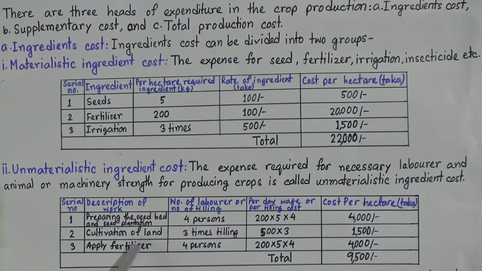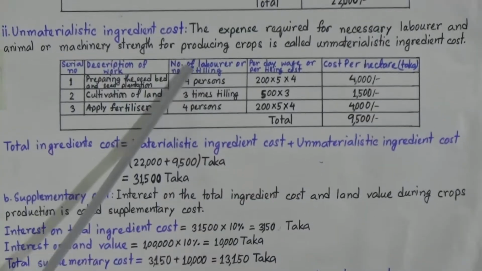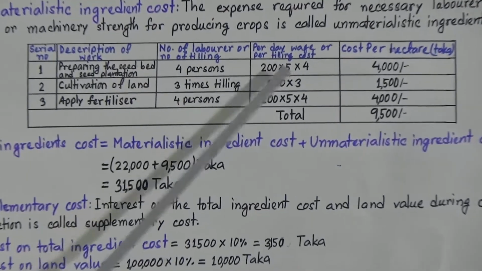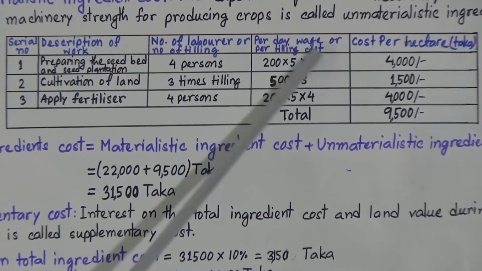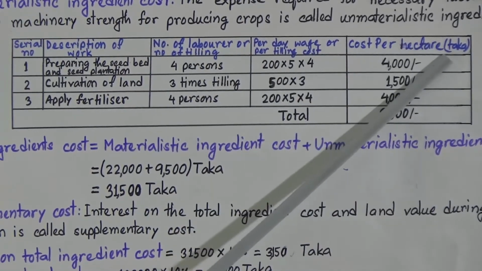There is also a table for calculating unmaterialistic ingredient cost. Our first row is description of work, then the second row number of laborer or number of tilling, next row per day wage or per tilling cost, and the last row cost per hectare in taka.